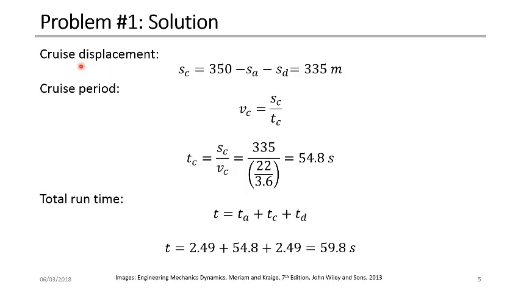We found the acceleration displacement and the deceleration displacement, so now we can find the cruise displacement. The cruise displacement s sub c is 350, the total run of the elevator, minus s sub a, the acceleration displacement, minus s sub d, the deceleration displacement. So we have here 335 meters.